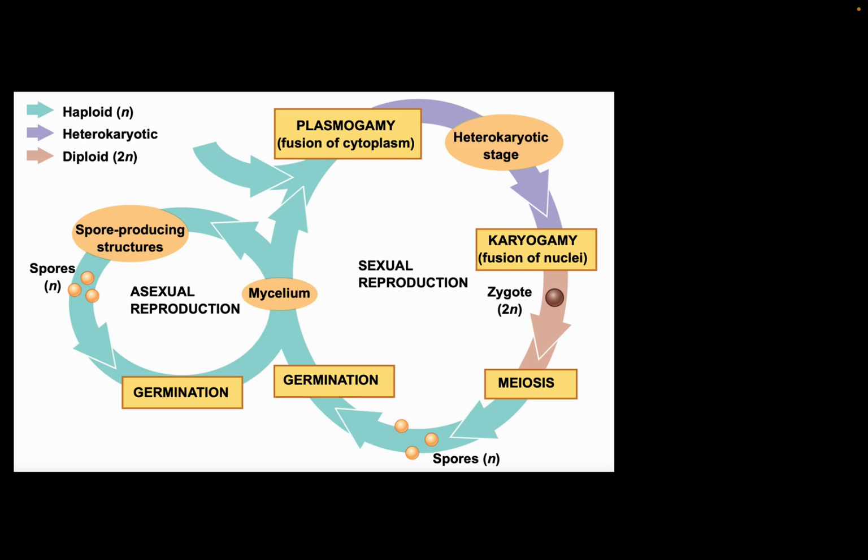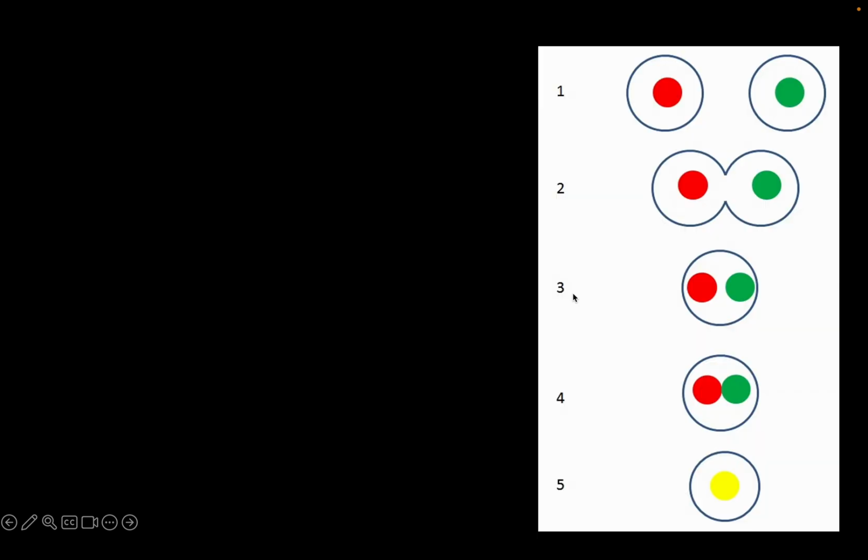You could imagine that if we have two closely related mushrooms of the same species, and they both release spores around the same time, we'll see what we call karyogamy, which is the fusion of two nuclei to form a new genotype for the offspring. I'll jump over to the next slide.